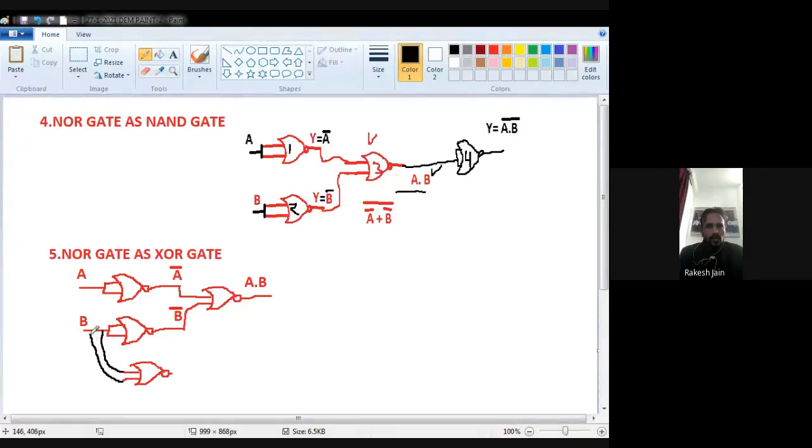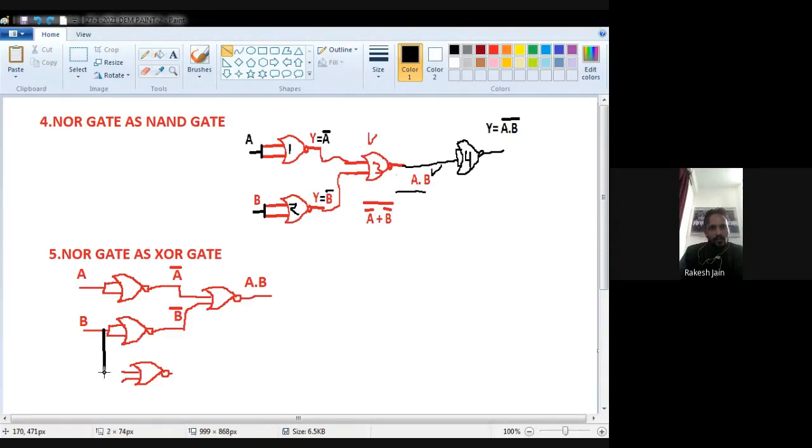One input is connected to this B and one input to this A. Okay, so now A and B are connected.